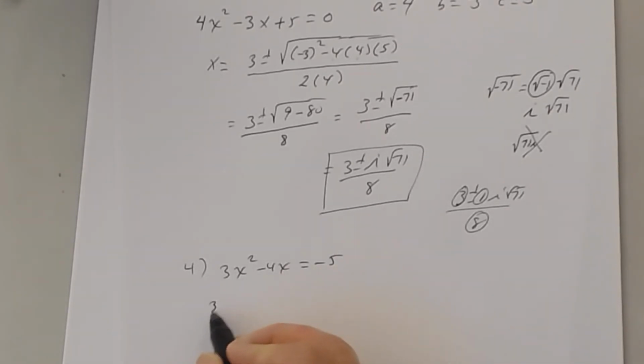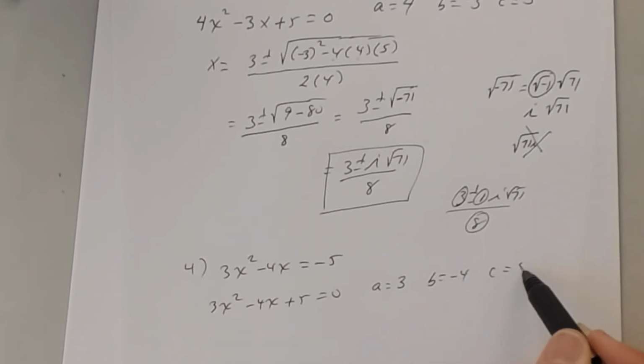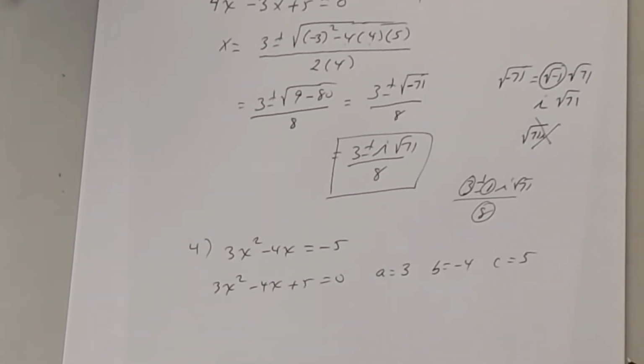So when you do that, you get 3x squared minus 4x, and then what else? Plus 5 equals 0. At that point, you indicate what A, B, and C are. What's A? 3. What's B? Negative 4. And C? 5.